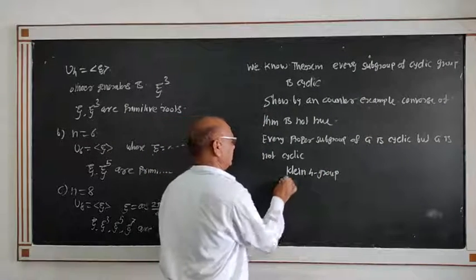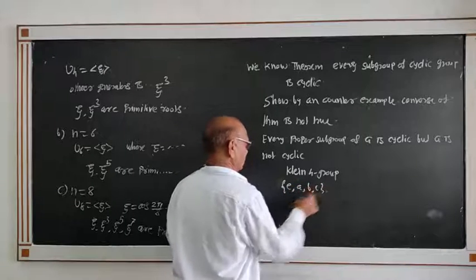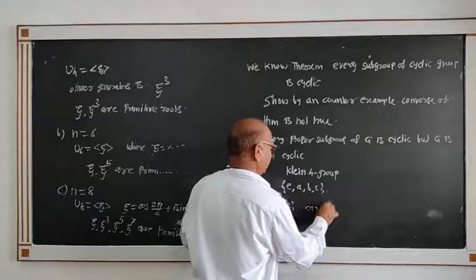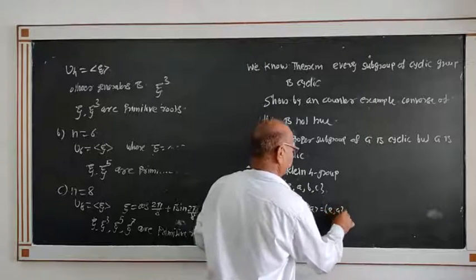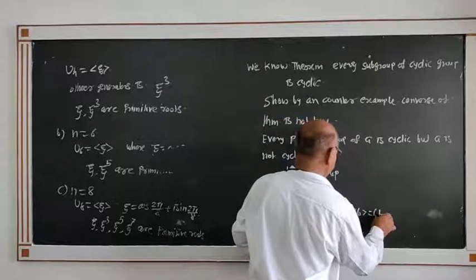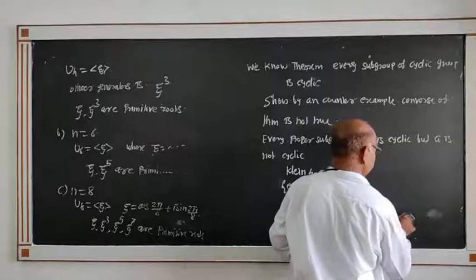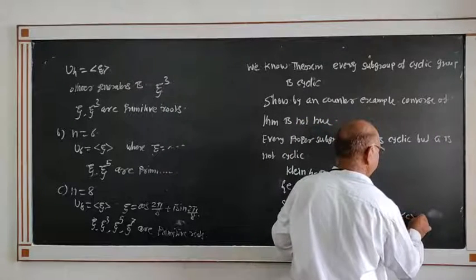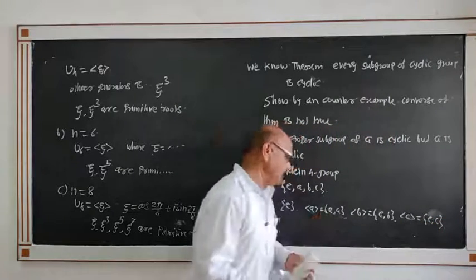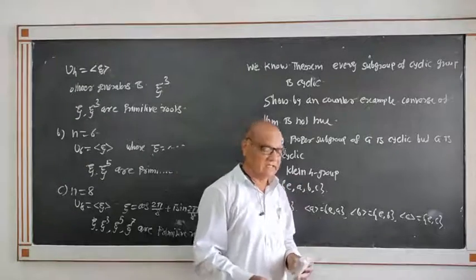It contains 4 elements, E, A, B, C. The proper subgroups are the singleton E, then generated by A, E and A, generated by B, E and B, and generated by C, E and C.